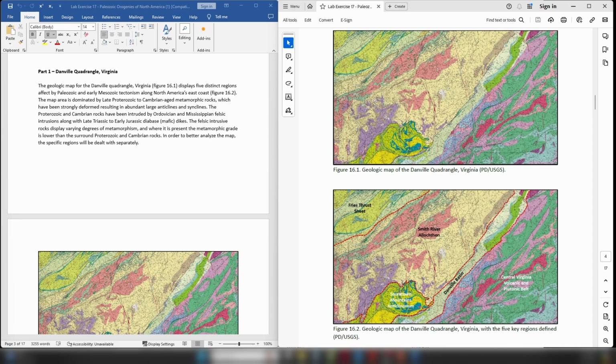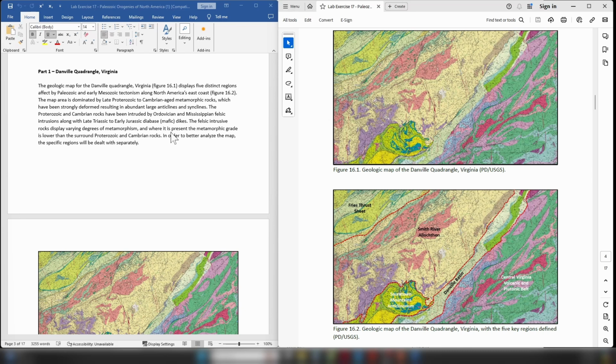So the presence of these felsic intrusions is another indicator that the area may well have undergone some kind of tectonism. Now, across the map area, we also have the addition of late Triassic to early Jurassic diabase or mafic dikes. So this is another important feature. If you also remember back to the previous video, the presence of mafic rocks is often most associated with divergent plate boundaries.